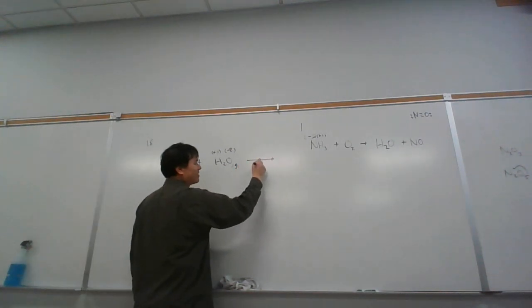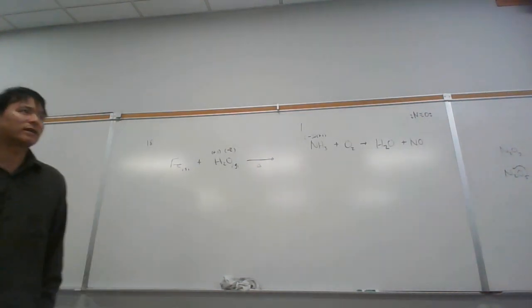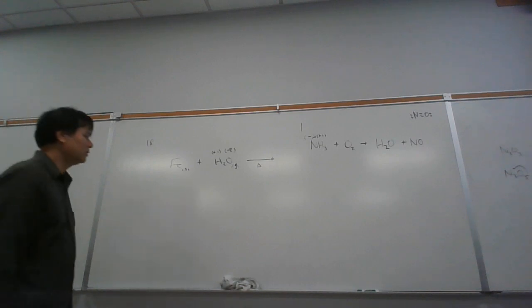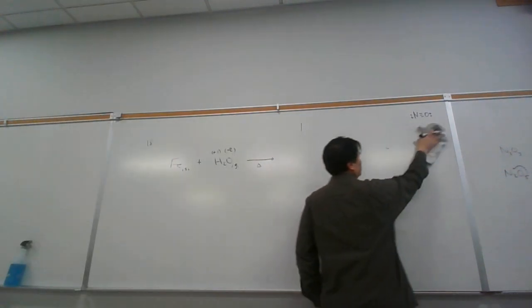Right now we just have delta. We have to figure out what that temperature is. Is it right at 100 degrees C, or do we need a much, much higher temperature? Maybe 150 degrees C, 200 degrees C, some superheated steam. What is it?